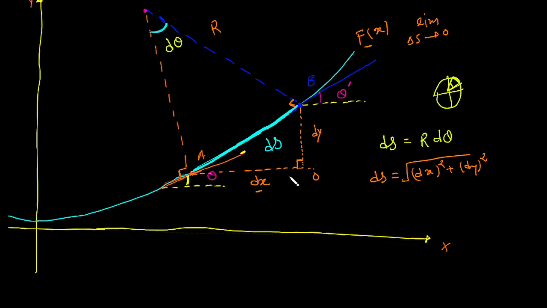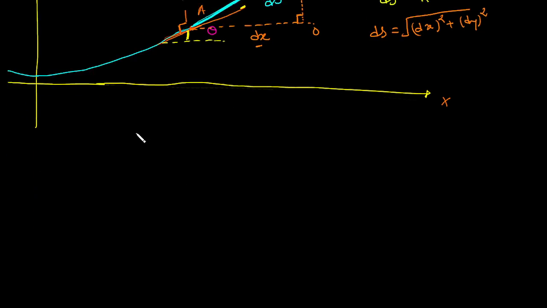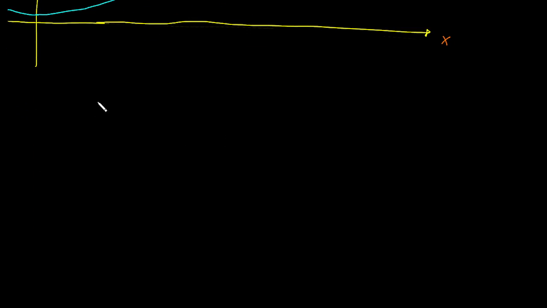So now let's write it here. What we are getting is square root of dx square plus dy square equal to r into d theta. Now we can take dx square out from the square root.